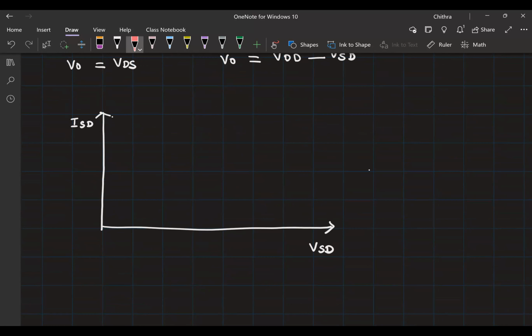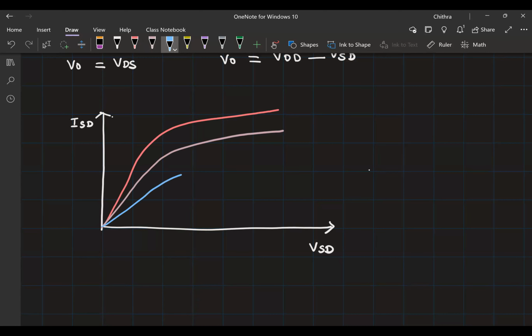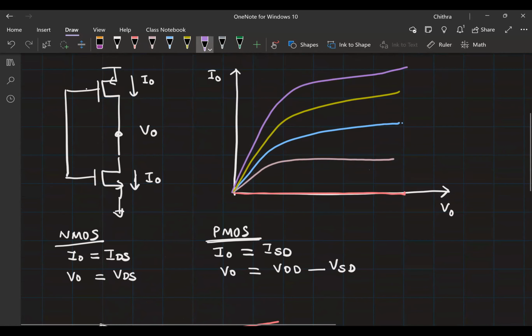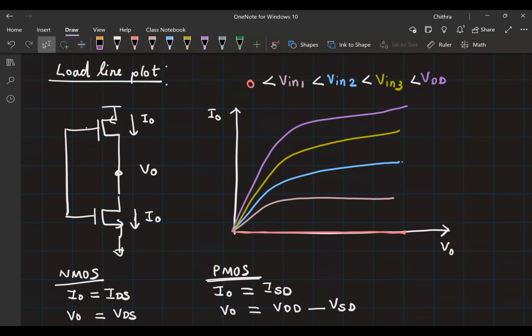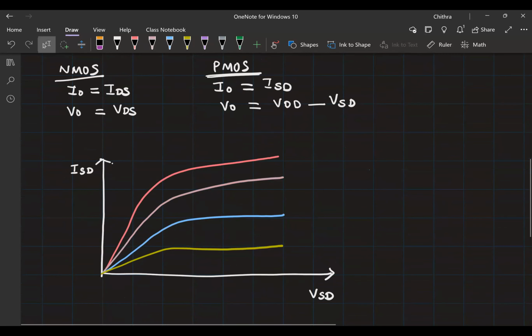So for Vin equal to 0, you will have a curve like this, the highest curve. Now for Vin1, the curve is going to be lesser than this. Then you will have the blue curve, the green curve, and finally when Vin is equal to VDD, what is the VSG? Equal to 0, right? So you will have a flat line here.